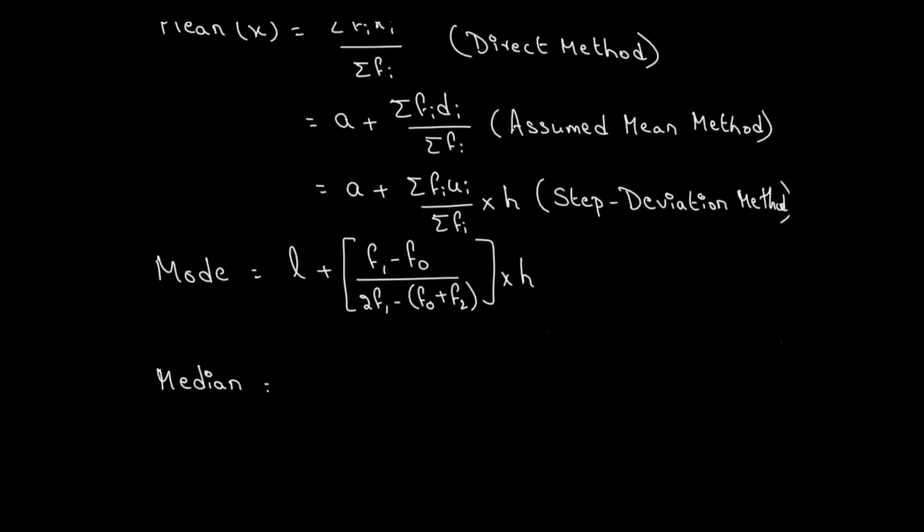Median is equal to L plus N by 2 minus CF by F into H. So these are the different formulae for the different central tendencies when they gave the grouped data.